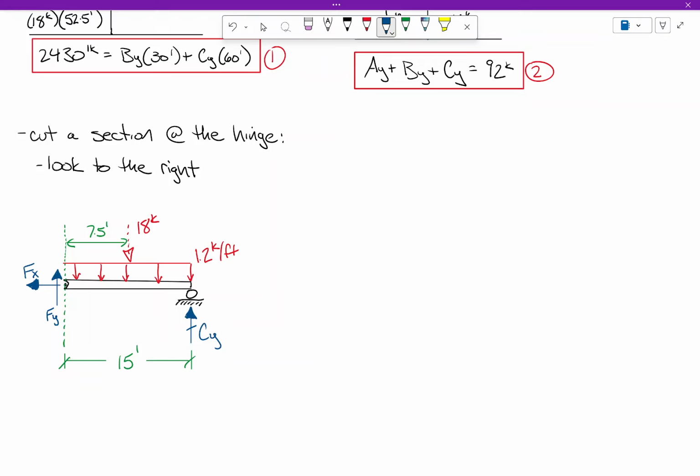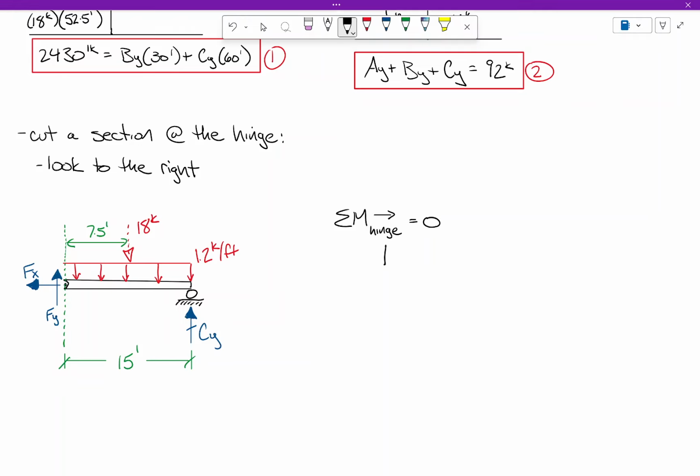Sum moments at the hinge. So what we'll do is we will sum moments at the hinge equals 0. And just so you're aware of what I'm writing, I'm saying we're summing moments at the hinge. And why do I have this arrow here? Because we're looking to the right. Okay. So we're summing moments at the hinge, looking to the right, equals 0.